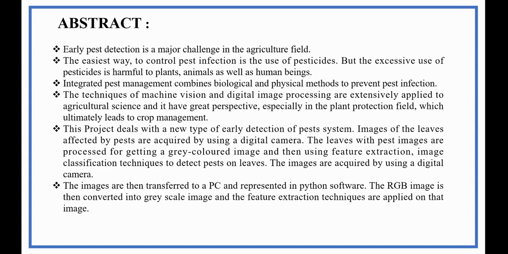By acquiring leaf images of infected crops, converting them into grayscale, extracting features using image processing, and then classifying them using VGG16 to identify pests. This automated system helps farmers act early and reduce pesticide dependency.